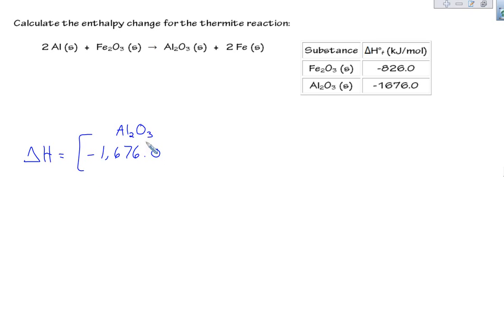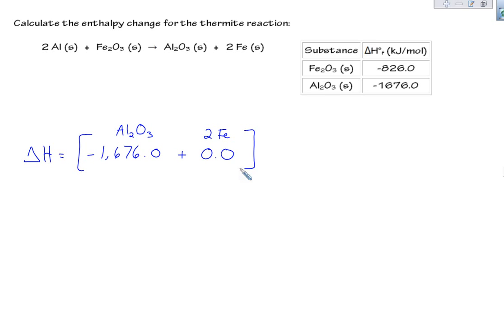They do not give me the iron in the chart, but that's because iron in the solid phase is its standard state. So that's going to be plus 0 for the 2 iron. I don't care that there's 2. 2 times 0 is 0 last time I checked. You would not need to put that in there if you're showing your work. I'll just put it in there so you see why I'm not including the iron.